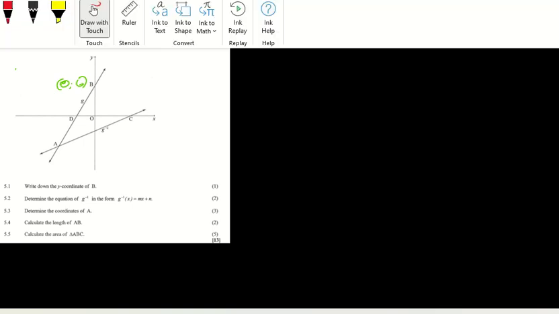The graph of g and g inverse intersect at A. Take note of this. They intersect, meaning at A, the graph of g is equal to the inverse of g.